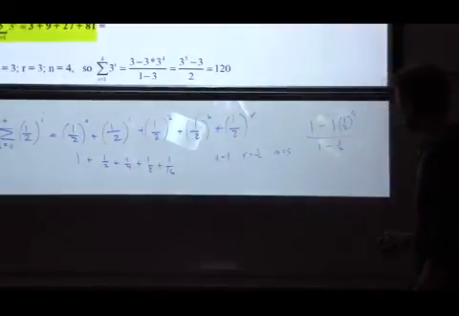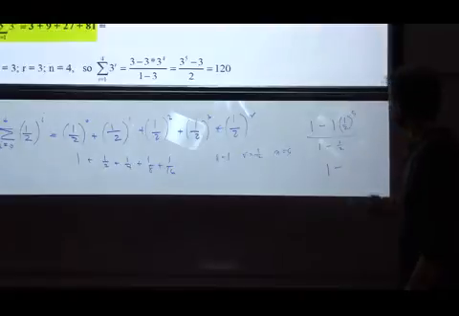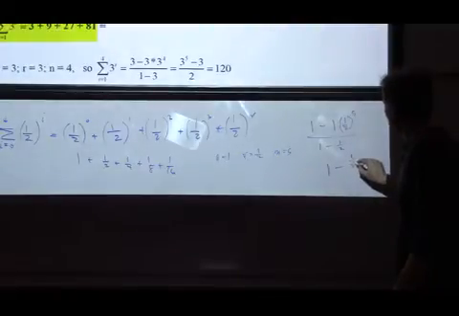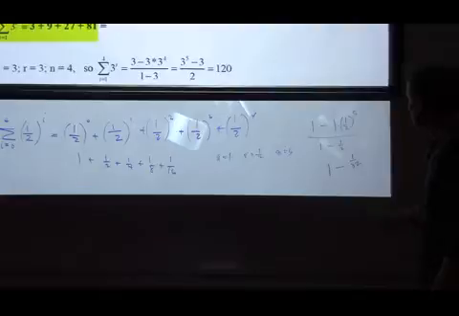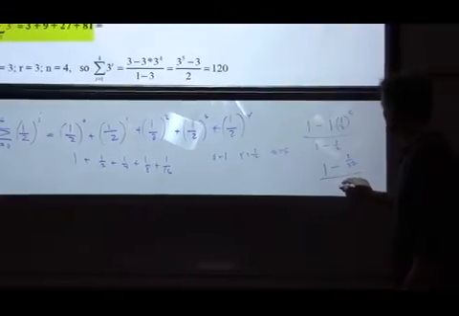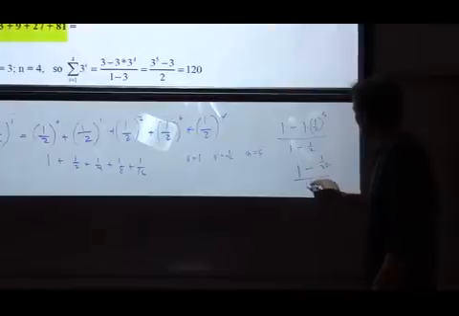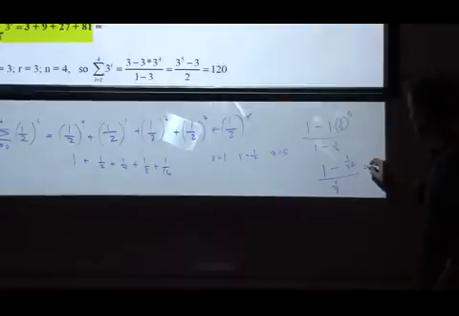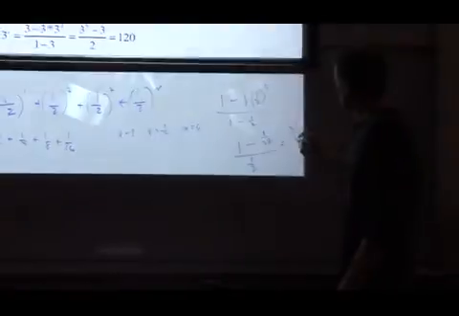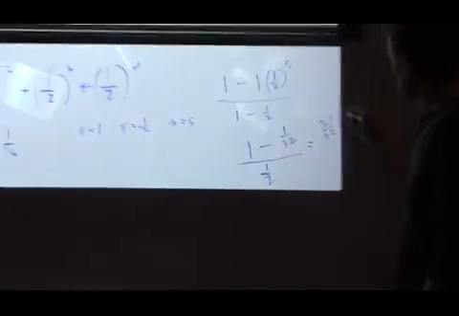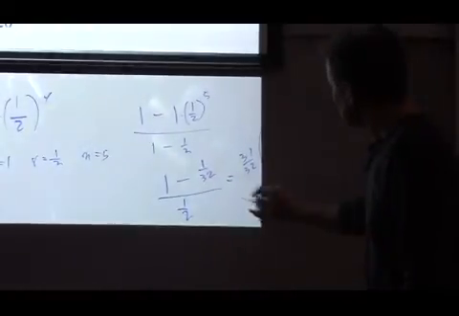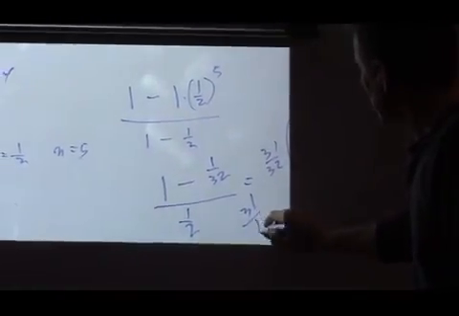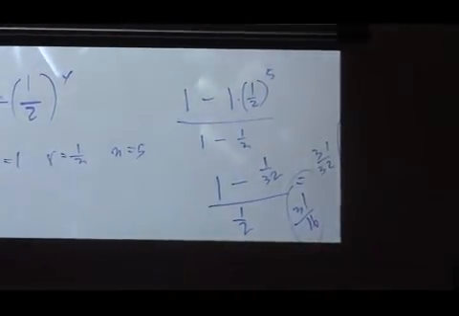So we're going to have 1 minus 1/32 over 1/2. 1 minus 1/32 is what? 31 over 32 times 2 over 1. So it's going to be 31 over 16. If you don't believe me, you can check it manually. I know it's not a lot of work, but it's kind of a pain. That's the solution.